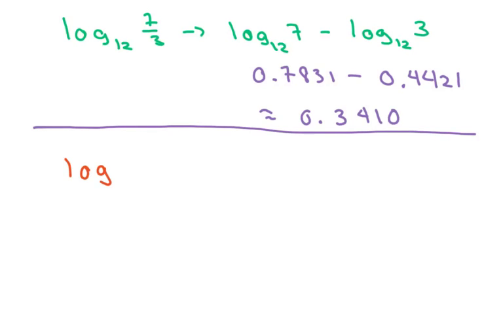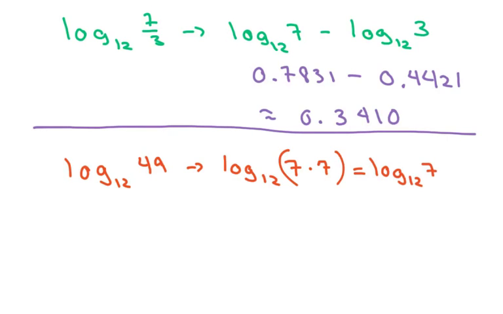Okay, on the next one, we've got two different options. We can do log base 12 of 49. Now we have to break it up. If we want to expand this, we can write this as log base 12 of 7 times 7, which is going to be your m and n. So it's going to be log base 12 of 7 plus log base 12 of 7. And when you add these two together, you're going to get 1.6673.